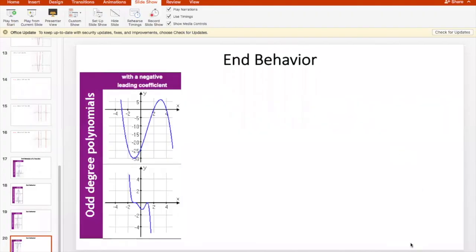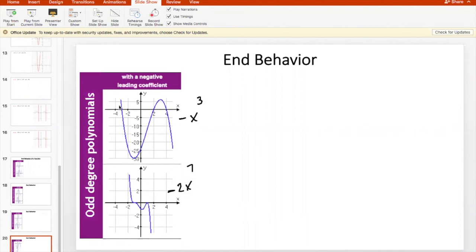All right, so if you have a leading coefficient that is negative, and we're still talking about odd degree polynomials. So maybe this is like negative x to the third, and maybe this is like negative 2x to the seventh or something crazy like that.